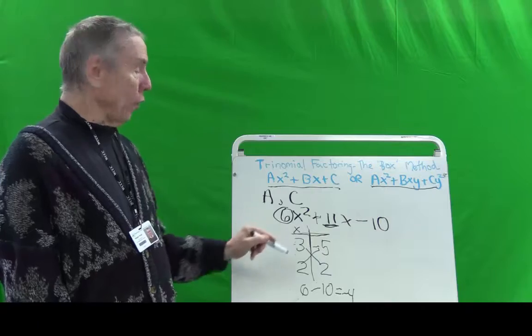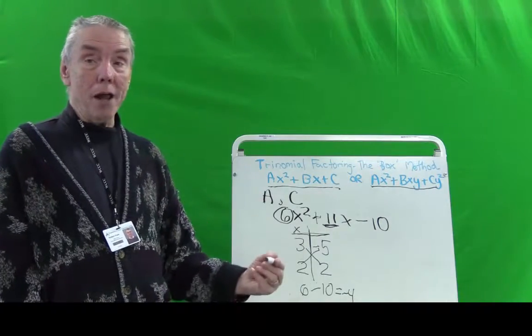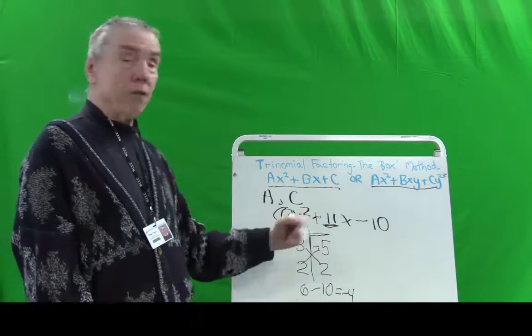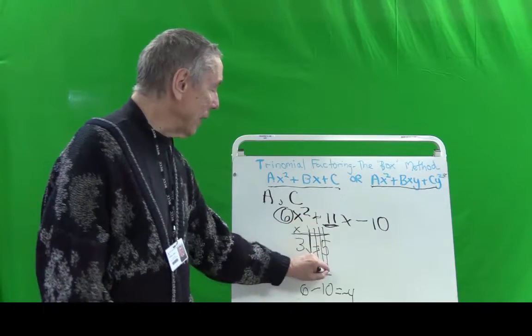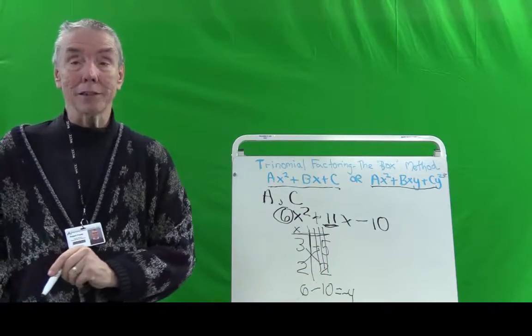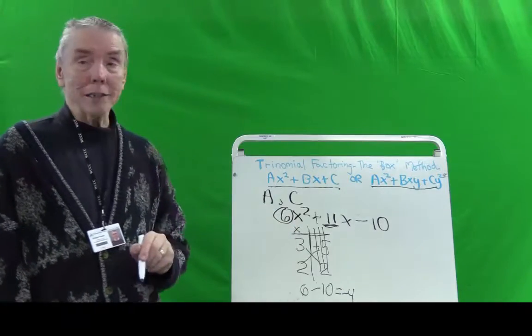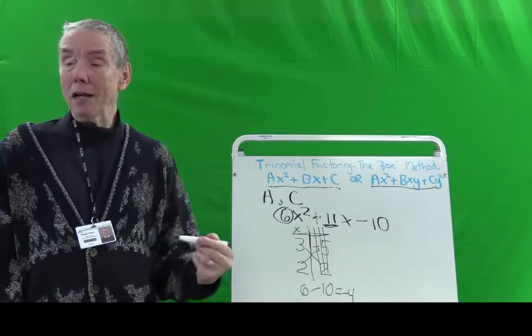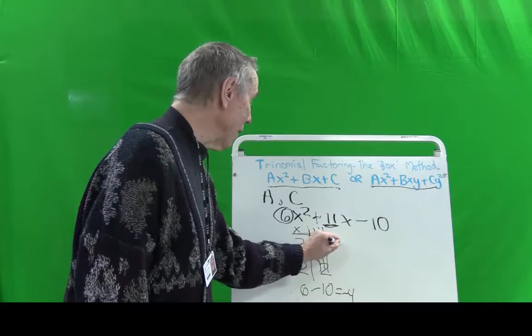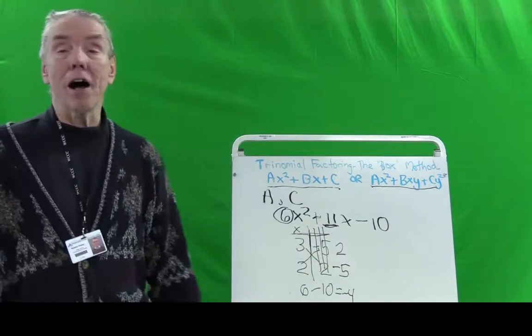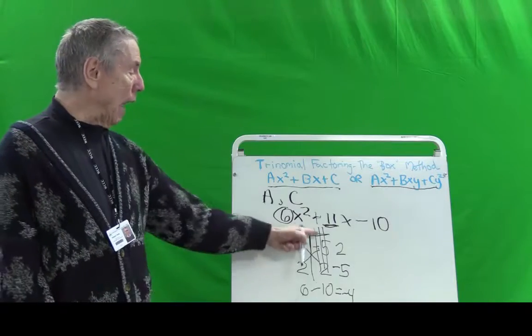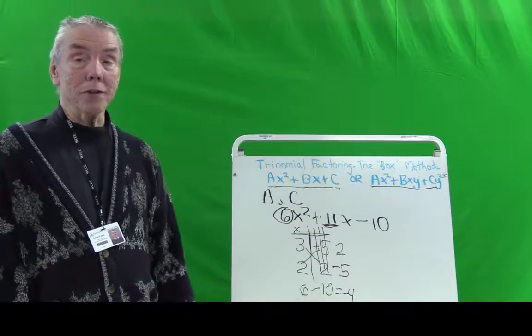So what I want to do is do another trial. Now you can start all over, but the technique that saves the most space is to cross out and then try another trial. So the other trial is going to be 2 multiplied by negative 5. That's in the opposite order of the way we first did it.